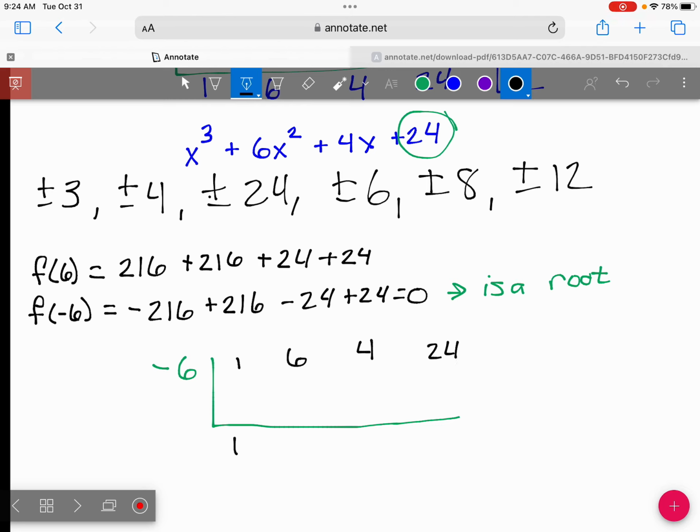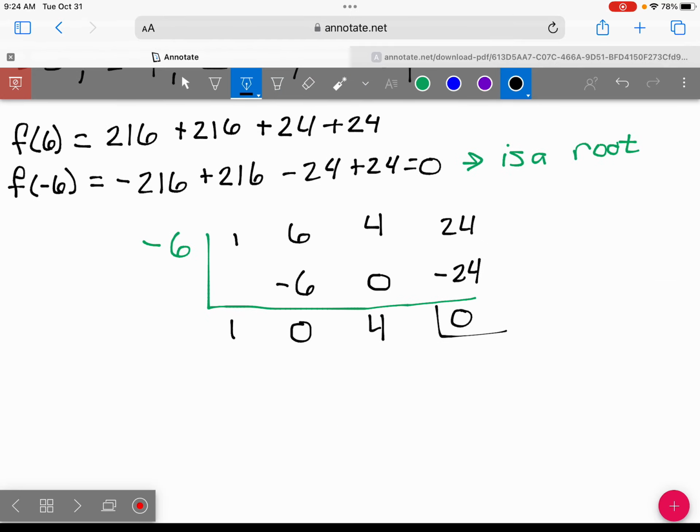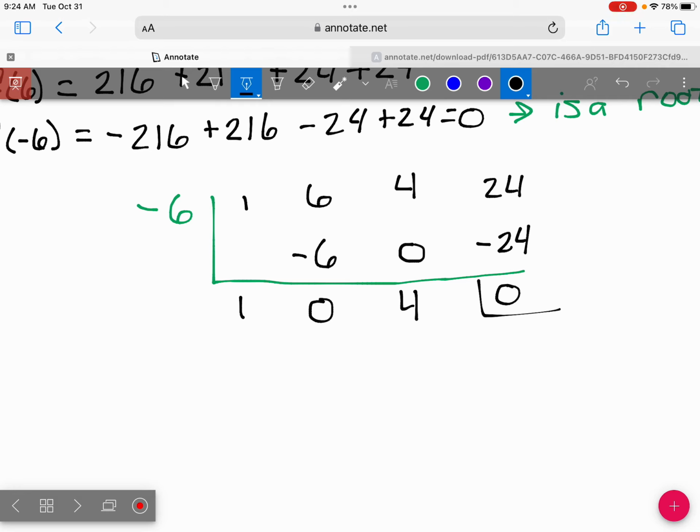The 1 drops. Times -6 gives us -6, which means this is -6 and this is 4. Negative 24 and 0. So our remaining polynomial that we have left over is x squared plus 4. There's no x term.